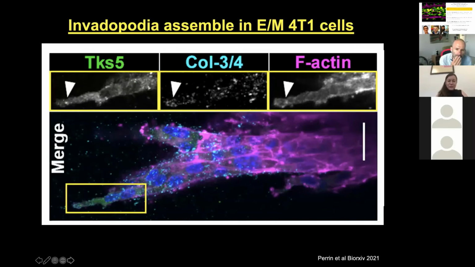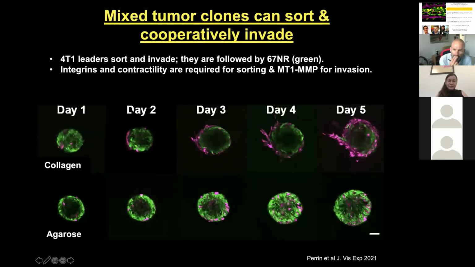So what happens when you mix these two? This would model the heterogeneity of the cancers. Interestingly enough, they are able to cooperatively invade, but prior to cooperatively invading, here we labeled 4T1s with purple and 67NR with green, followed over 5 days.